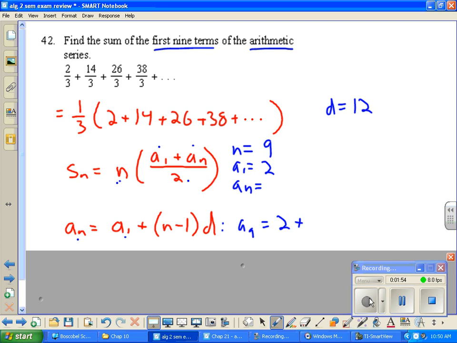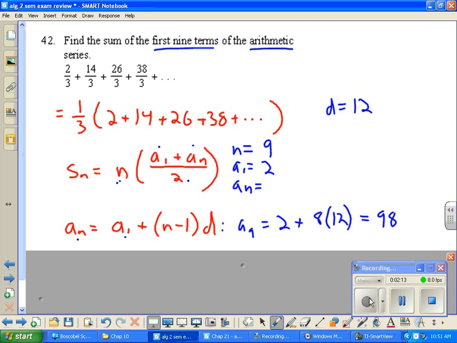So that's going to be 9 minus 1, which is 8, times my common difference, which is 12. So 8 times 12 is 96, plus 2 is 98. This means my 9th term is 98.